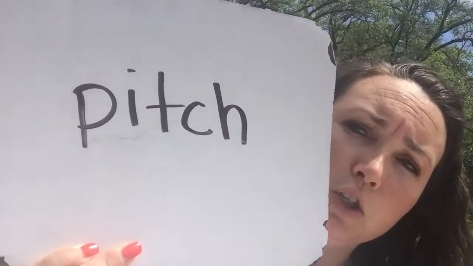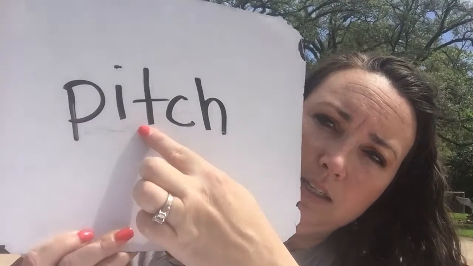And this word is going to follow the TCH rule. Again, there's really no rhyme or reason to when we use CH or TCH. It's just one of those sounds that we just have to know when we write the words. So you just have to know that this one has the TCH. So when I write this word, I think in my head, pitch, pitch. And it helps me remember to do the TCH because it has pitch.